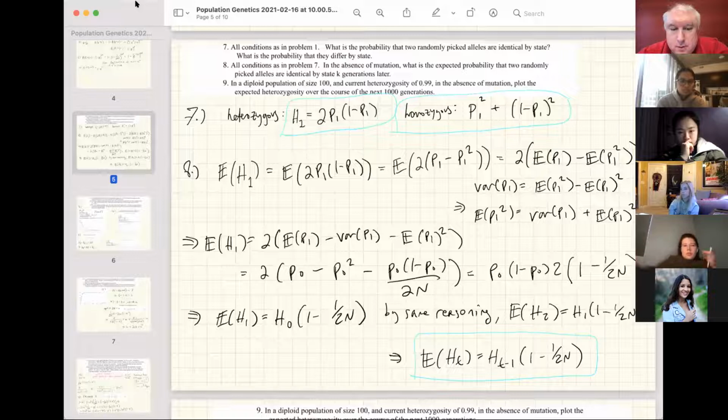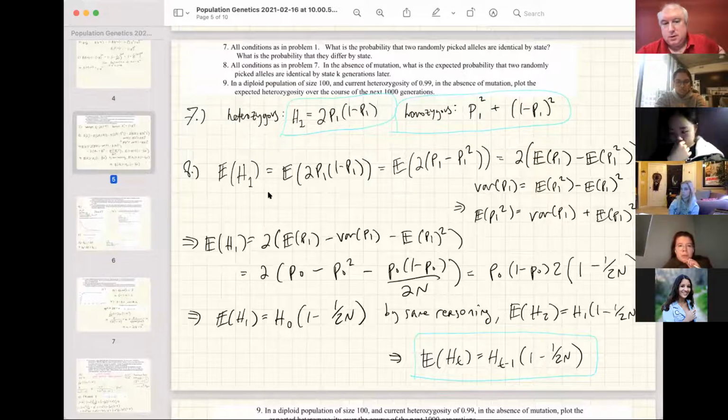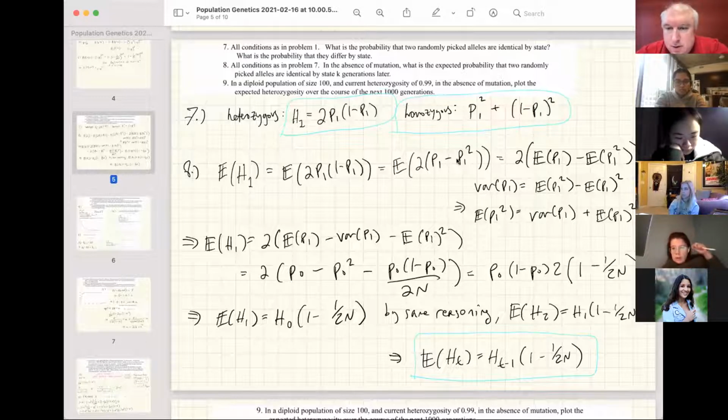Okay, so I'm just trying to derive the formula for expectation. You start with the definition of heterozygosity, and you plug that into expectation. If you multiply it out, you can distribute the expectation, and then you end up with the expectation of P1 and the expectation of P1 squared.